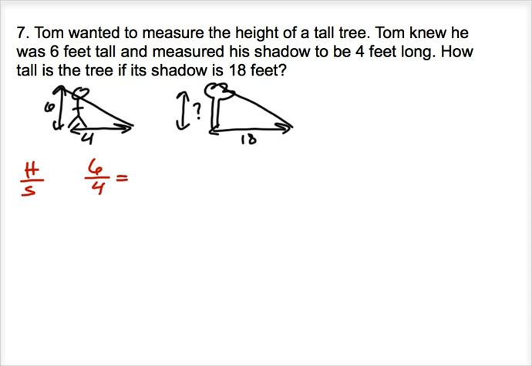And for the tree, the height I don't know, and the shadow is 18. Reducing right off the bat on the left side, I can reduce this to 3/2. Now let's just cross multiply. So 2 times x is 2x equals 3 times 18, which is 54. Divide by 2, and I get 27. So the tree is 27 feet tall.